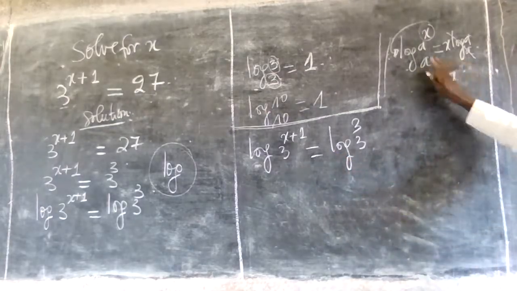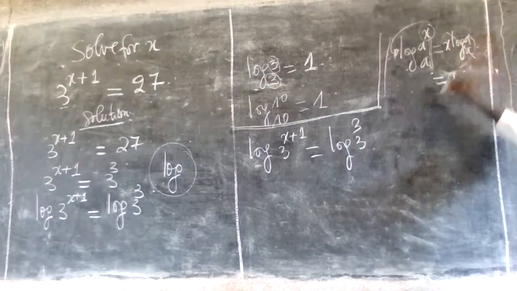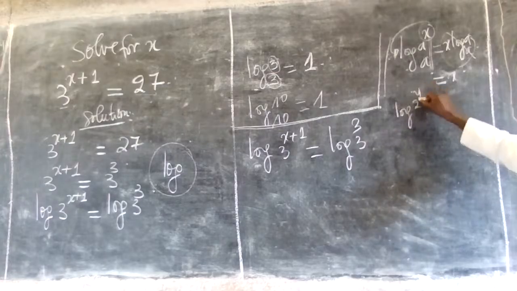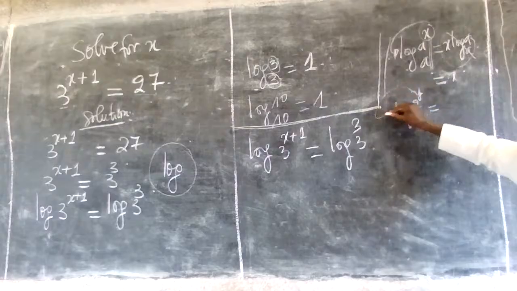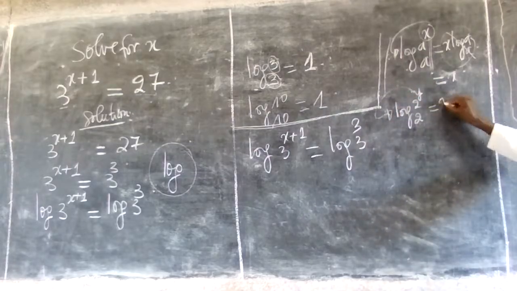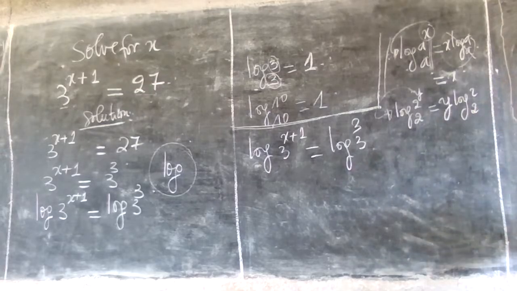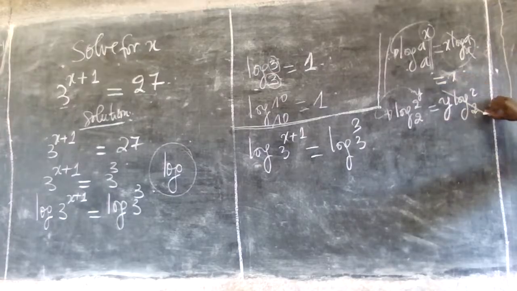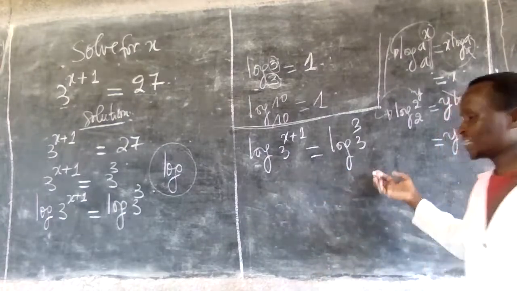As I told you, when you have the logarithm of 2 power y in base 2, this y will come here and we remain with y log of 2 in base 2. Now both numbers are similar, so you have to cancel them. We remain with this one. Yes. Now let us continue by finalizing this equation.